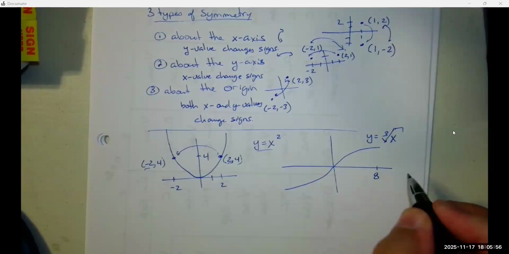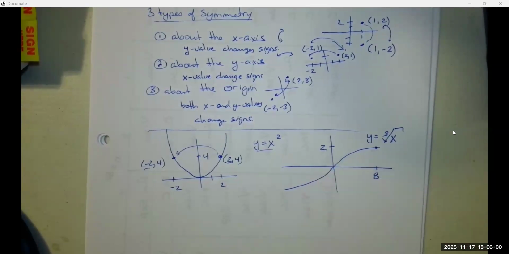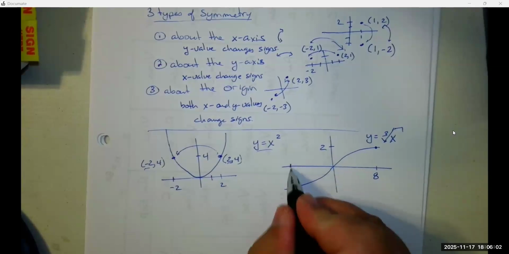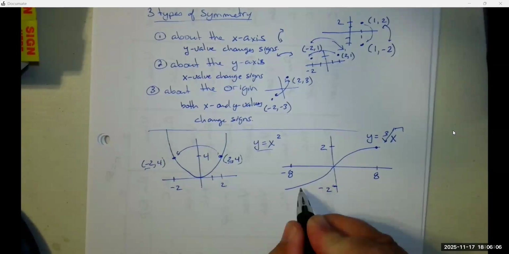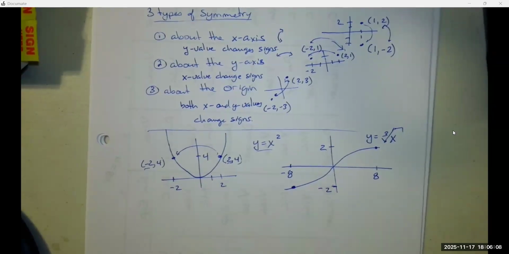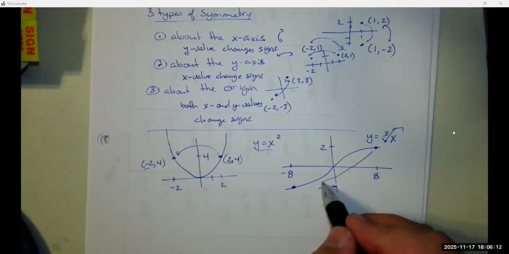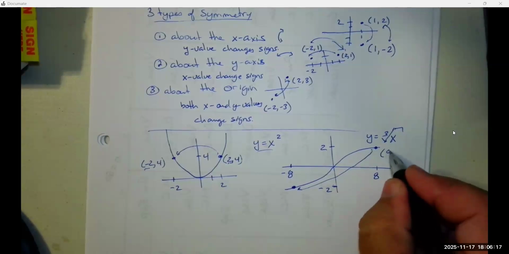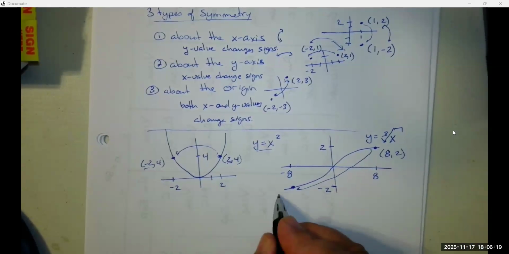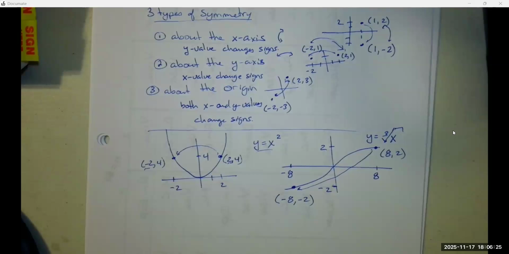So 8, 2 has a mirror image at -8, -2. That point is symmetric about the origin. So the point 8, comma 2, negative 8, comma negative 2. So that's symmetric about the origin.